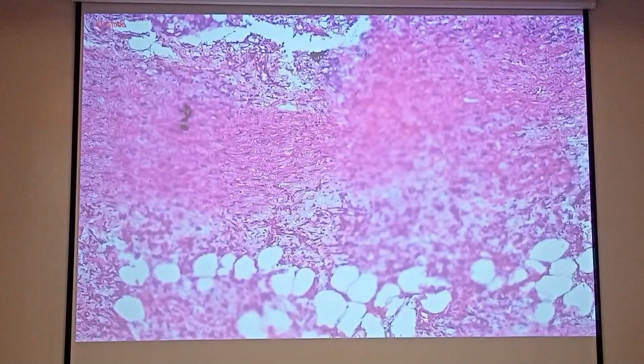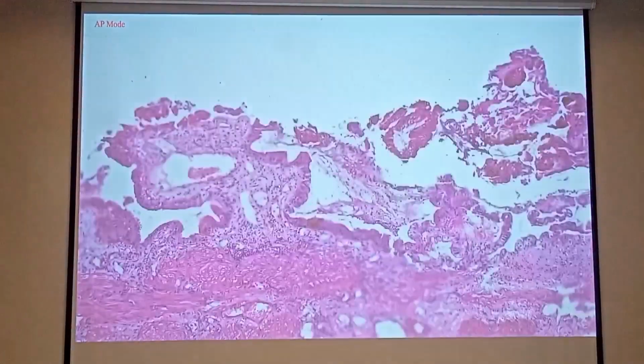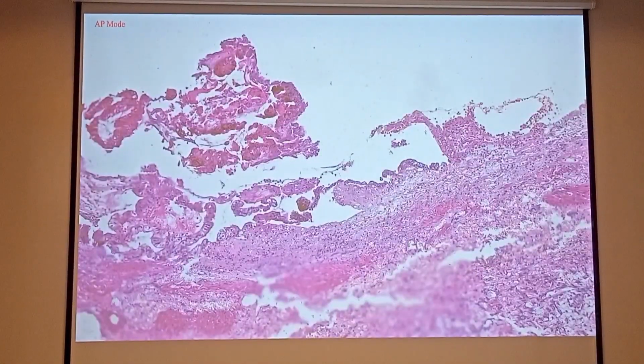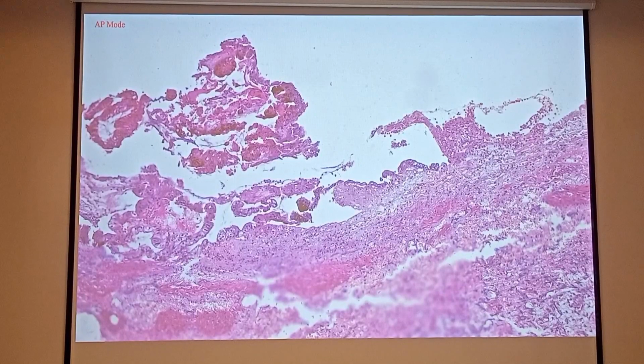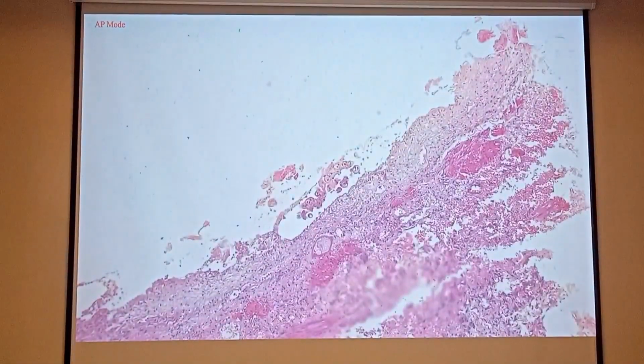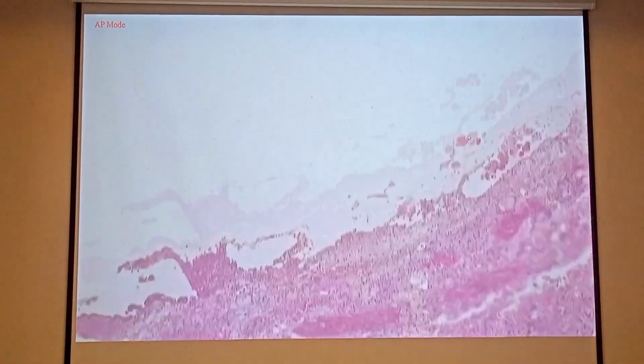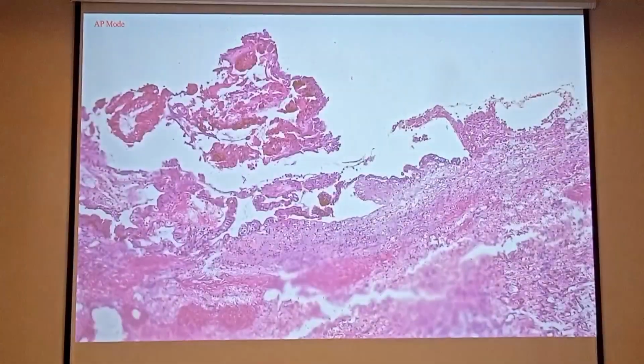Where is the tissue destruction? If you look at the mucosa, some of them are already eroded. Yes, there. So that's the tissue destruction right there.